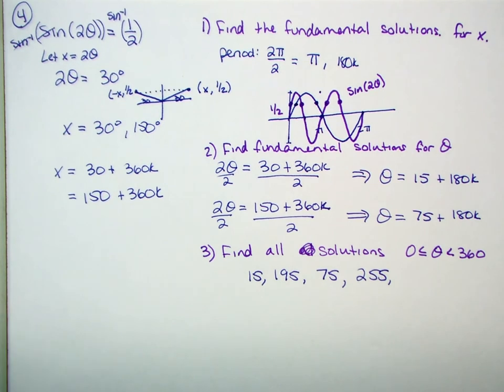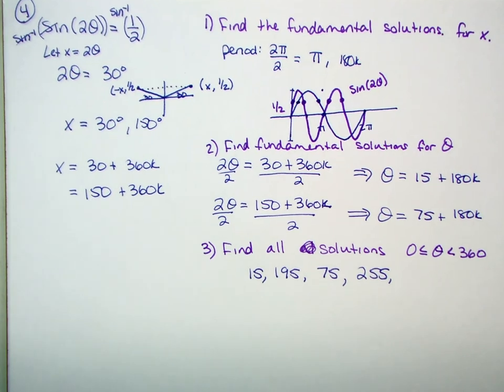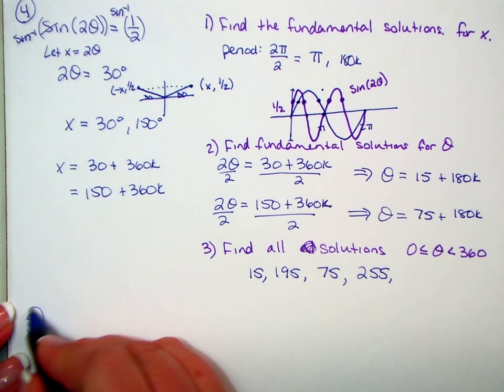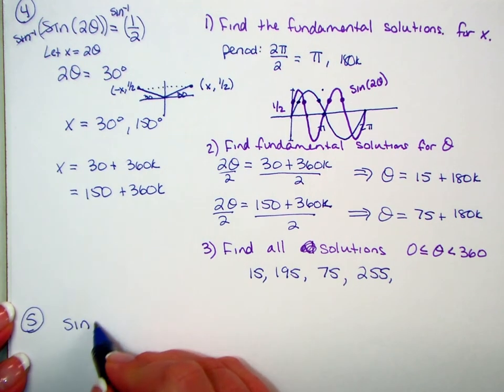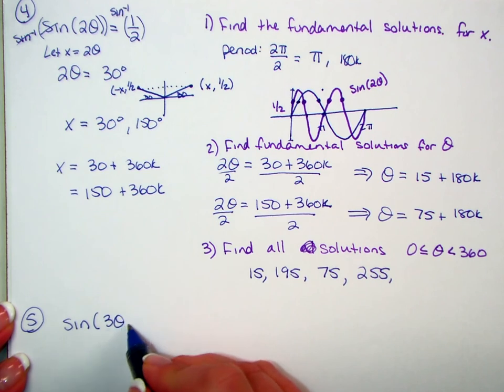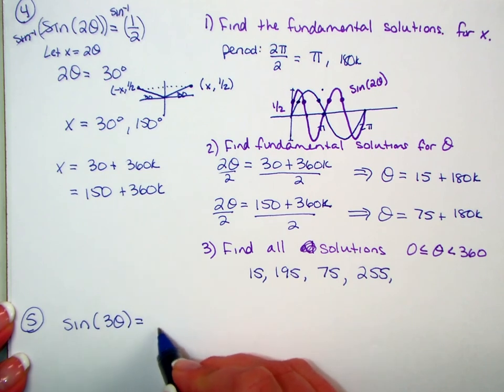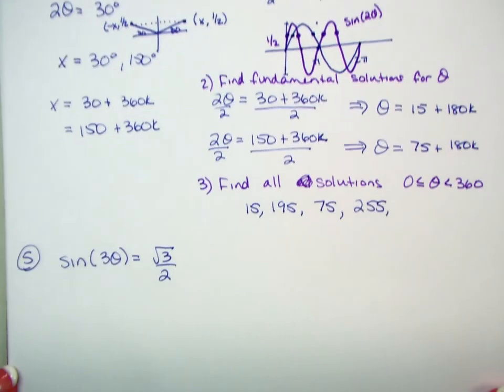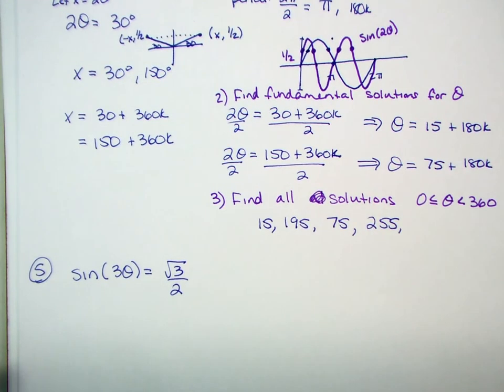Okay, we're going to solve a triple angle here. Let's go ahead and do number 5. Let's do another sine. Okay, sine 3 theta equals rad 3 over 2. Right? So we're going to first solve this for x.